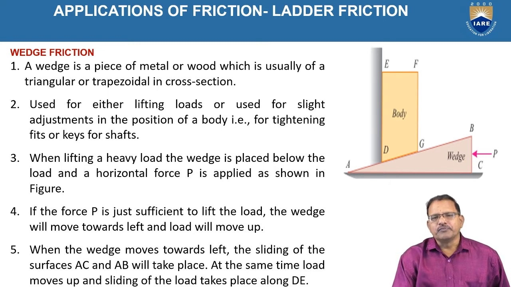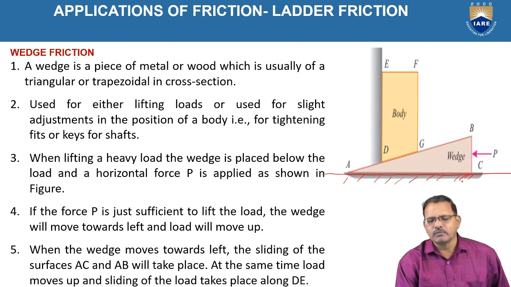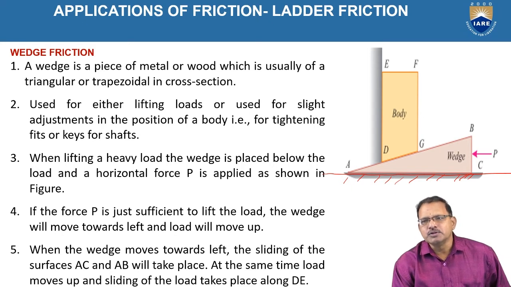Here are the main parts it consists of. This is treated as a ground plane. Assume the body which is represented here, DEFG, is to be lifted a smaller distance in upward direction.